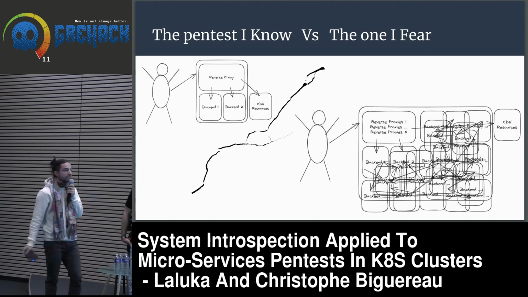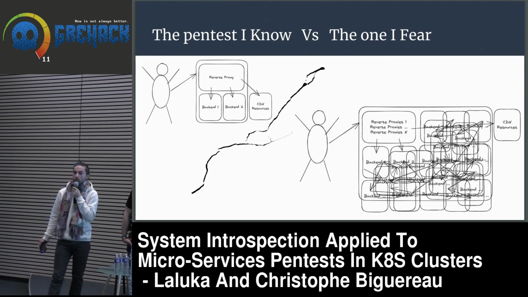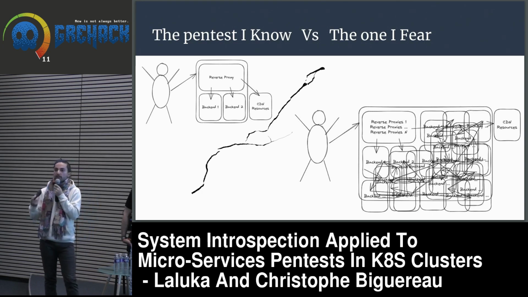On the bottom right is the case we were in when we try to submit one or two requests and end up with so many interactions that we are completely lost and have no clue what's happening within the infrastructure. Here again, we don't speak about the overall observability for stability, reusability, performance, but more from an attacking perspective.